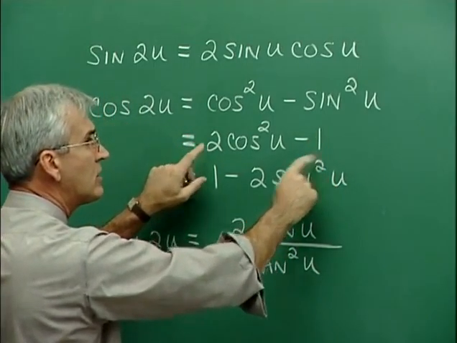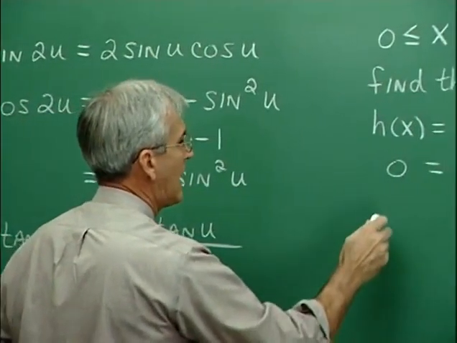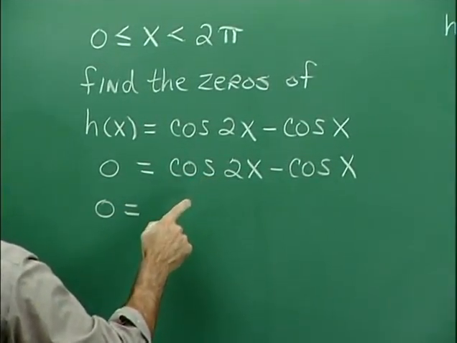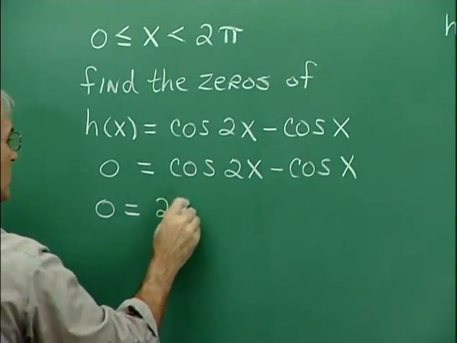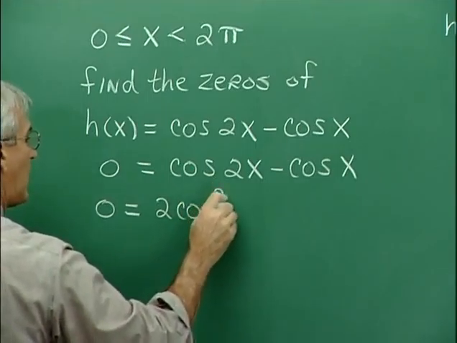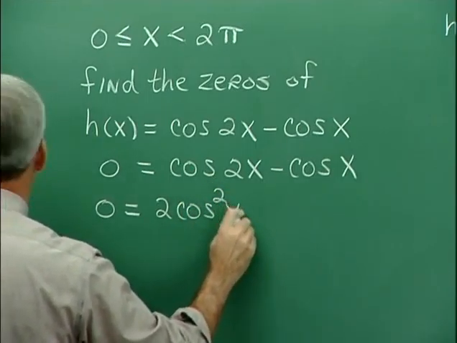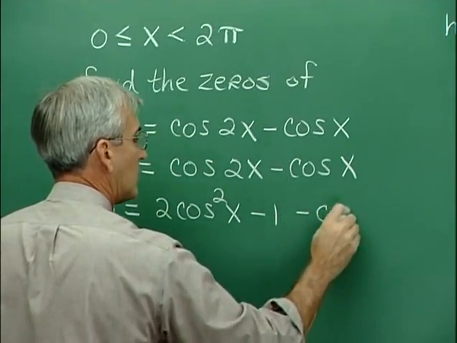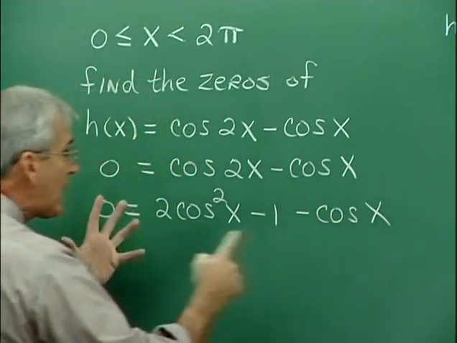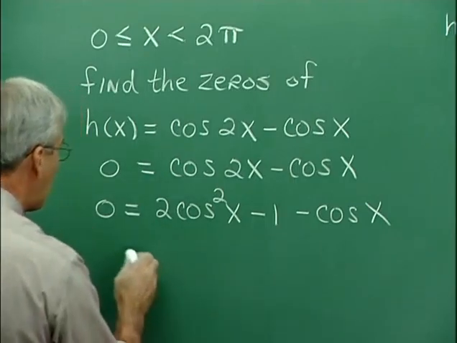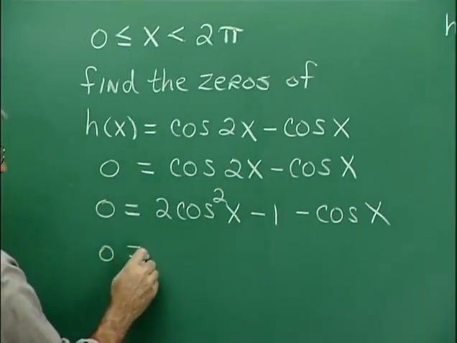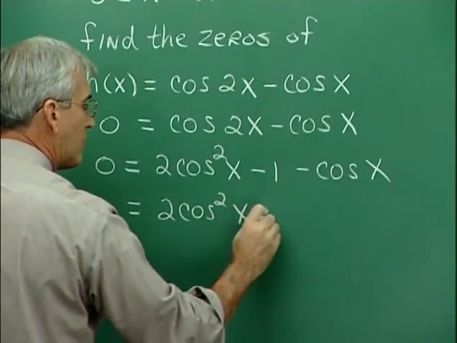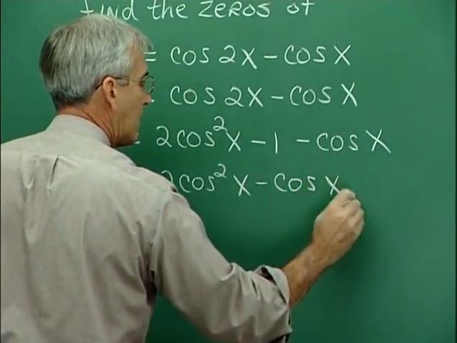So we're going to use this in place of cosine 2x. I'm going to write 0 equals, now instead of cosine 2x, I can use the formula 2 cosine squared x minus 1, and then minus cosine x. Now we have an expression which is quadratic in form, so we'll rewrite it in the normal way, that is 2 cosine squared x, minus cosine x, minus 1.